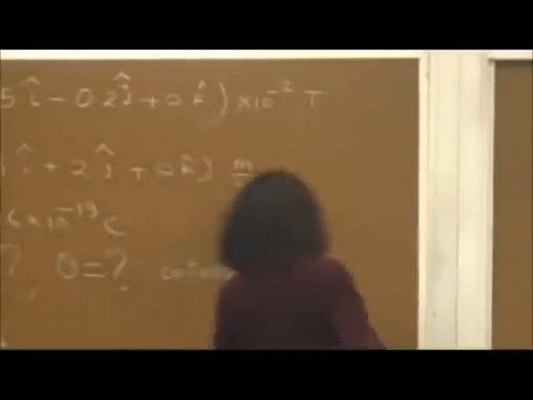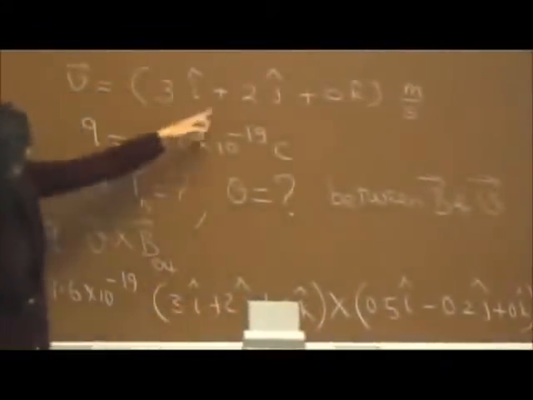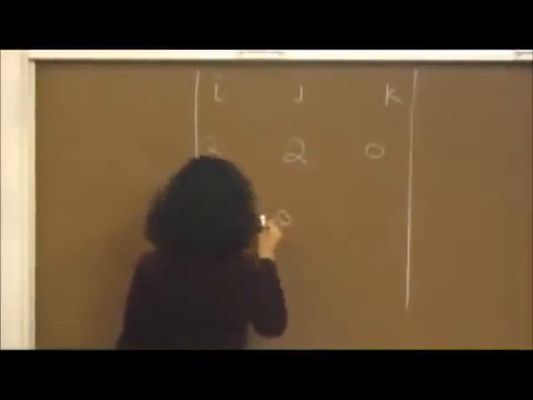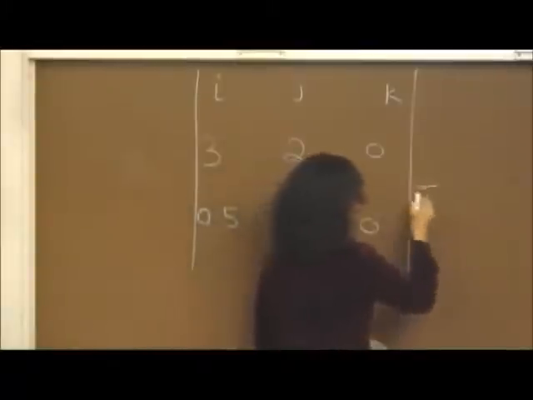So basically, to find the cross product of these two, you make a grid like this, where you write 3, 2, 0, all the components of the first vector, and then you write all the components of the second. B is 0.5, minus 0.2, and 0. And the question is, how do we find this?